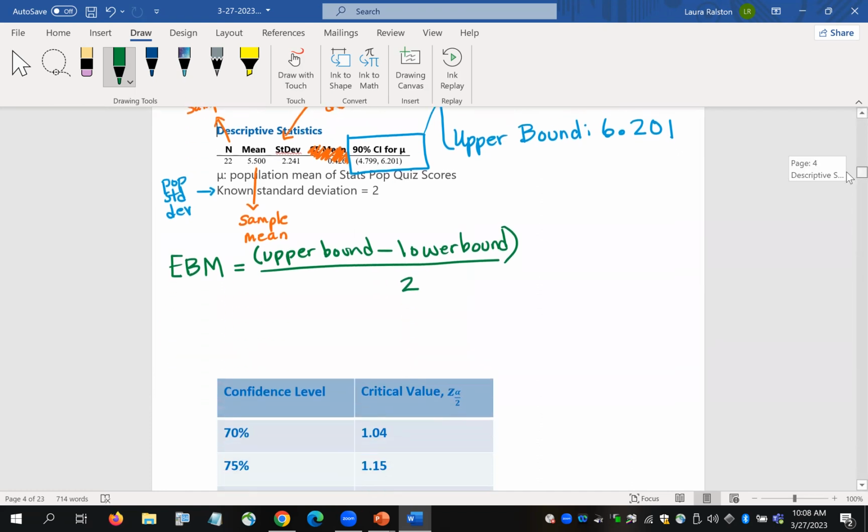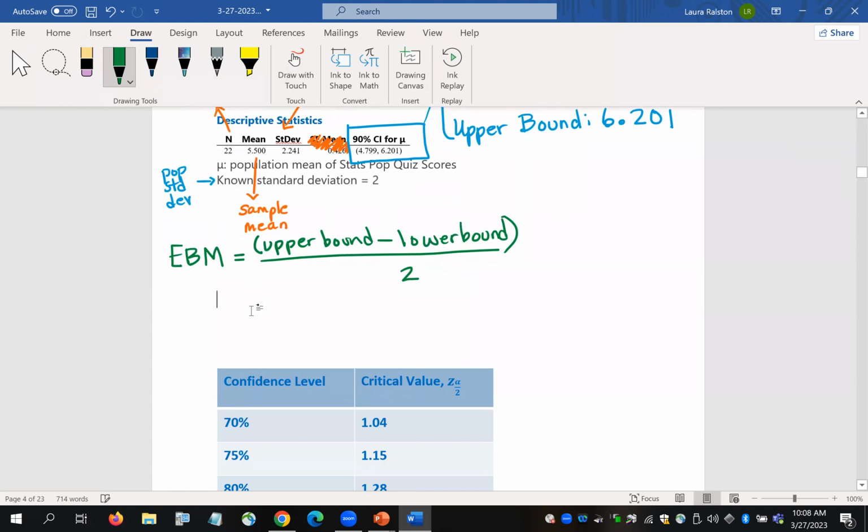So using the numbers that we got from Minitab, I would have 6.201 minus 4.799 divided by 2.